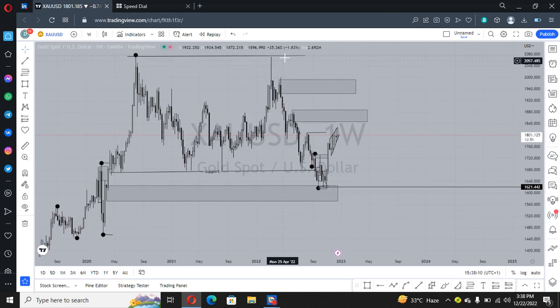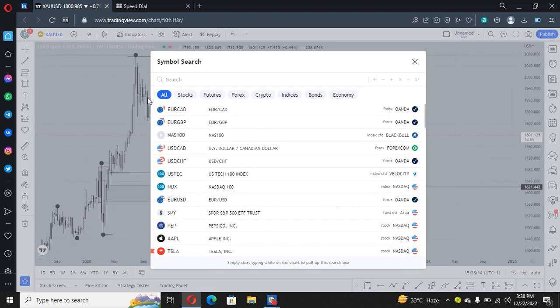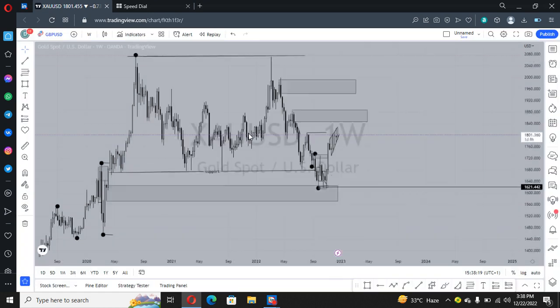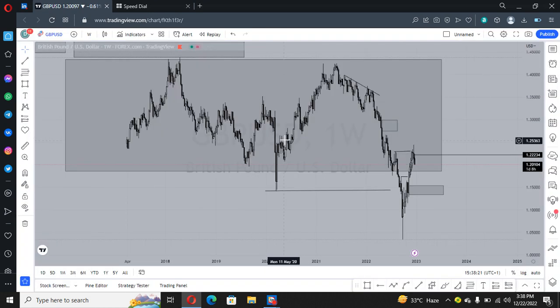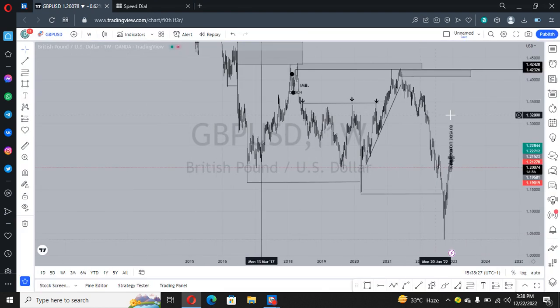Grab liquidity from the high. All right, so that is actually how you get to do your analysis and how you get to find your market structure. So now we look into GBP USD to see the same trade.